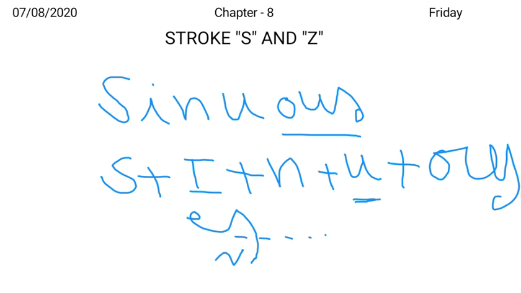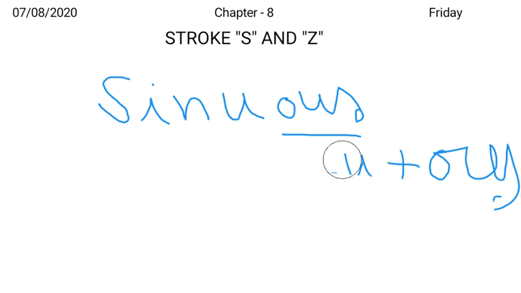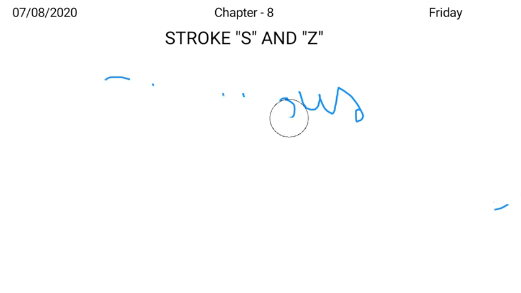So, these are the rules when we have to write stroke S and Z. First rule is when a word starts with S preceded by a vowel, or ends with a circle, ends with S and vowel, then S should always be represented by stroke form.